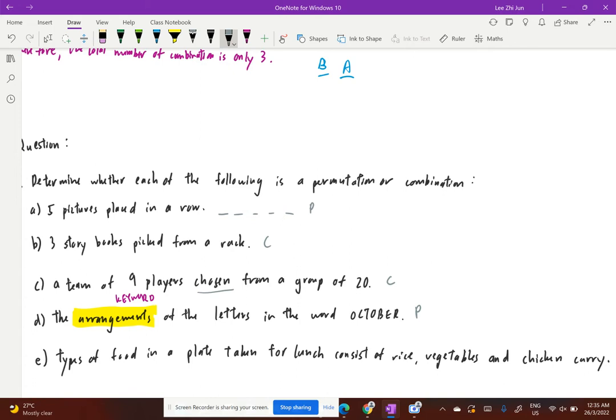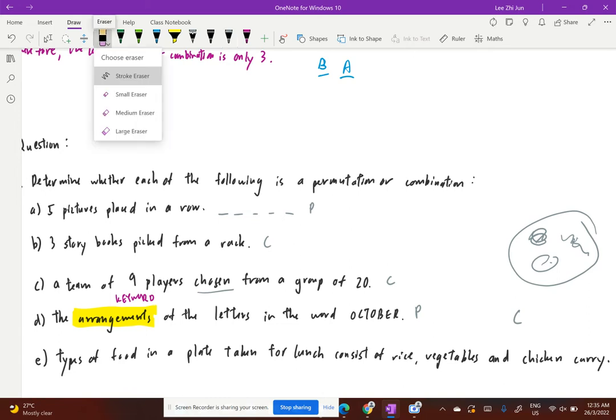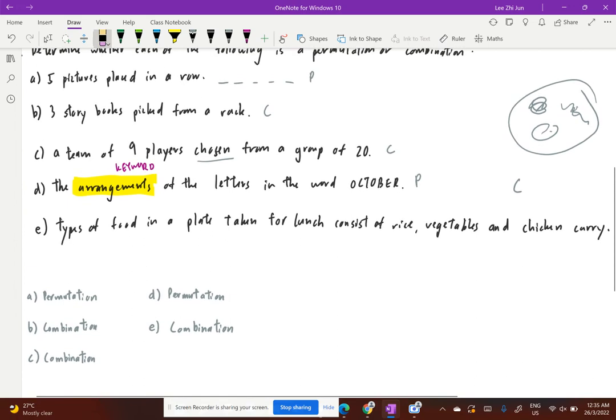Last, types of food taken: this is combination, because I can choose rice first, then vegetables, last chicken curry. Or I can choose chicken curry first, then rice, then vegetables. Or vegetables first, or rice first, or chicken curry first, also fine. There is no order, so combination. So here's the answer.